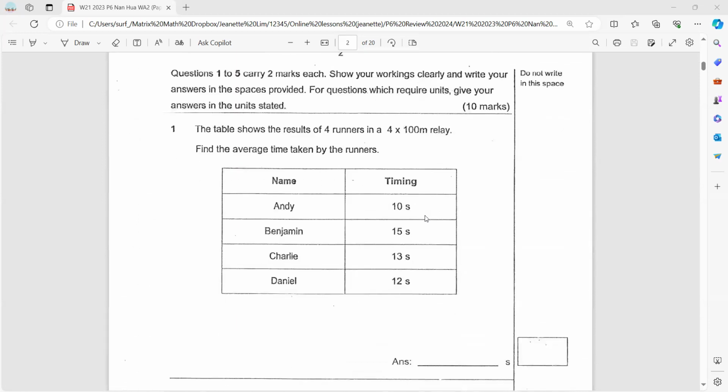Let's look at question 1. The table shows the results of 4 runners in a 4 by 100 meter relay. Find the average time taken by the runners. To find the average time, we have to find the total time first.